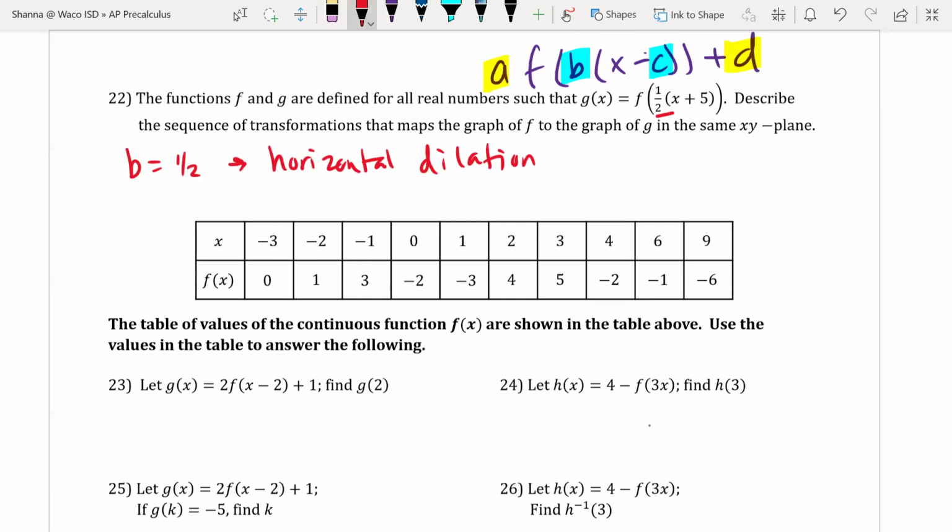By how much? By a factor of 2, because our X's are liars. So it's actually a stretch, right?